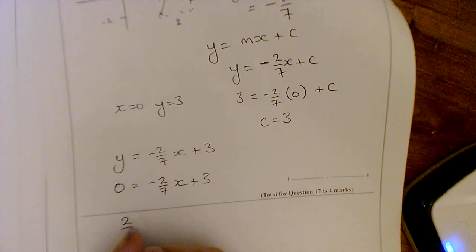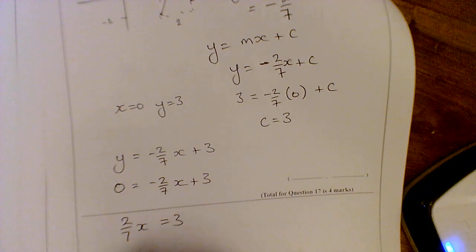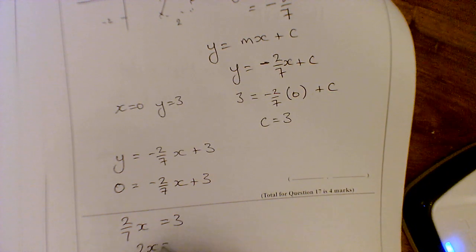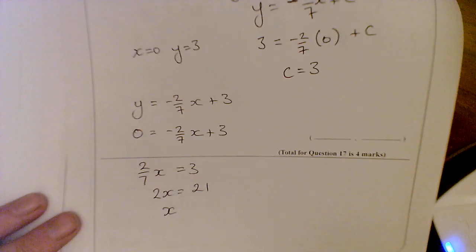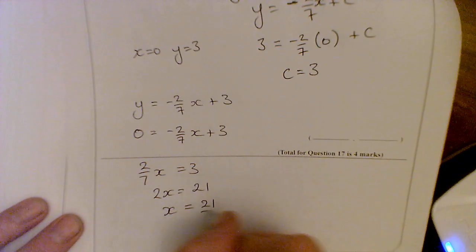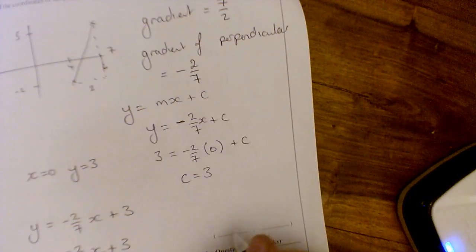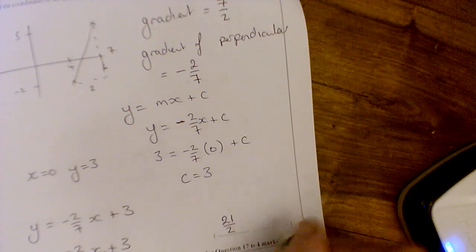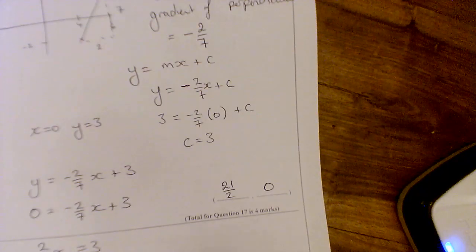So we get 2 over 7 x equals 3. Multiply by 7, 2x equals 21. And then divide by 2, x equals 21 over 2, and that's 10.5, so I'll leave it as 21 over 2. We know the y coordinate was 0 because we're on the x-axis. So just leave it like that.